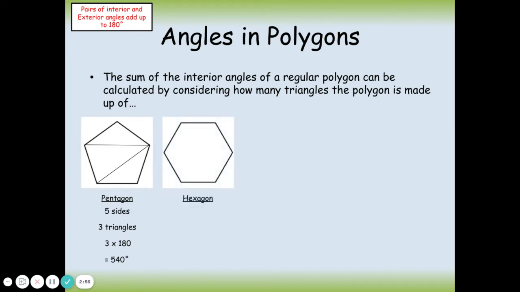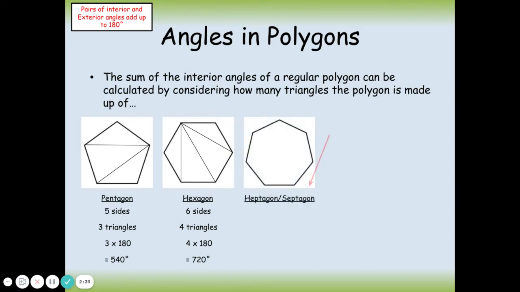A 6-sided shape, a hexagon, can fit 4 triangles. Each triangle has interior angles totalling 180, so 4 times 180 gives the interior angles of a hexagon as 720 degrees.